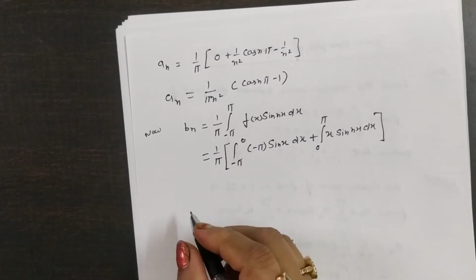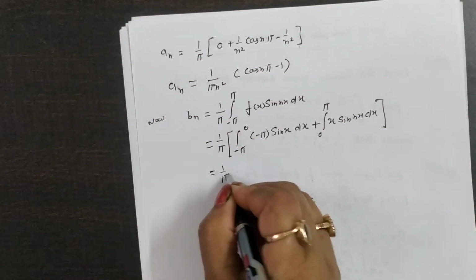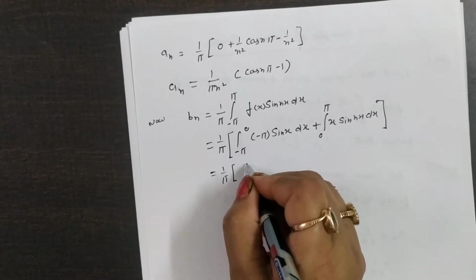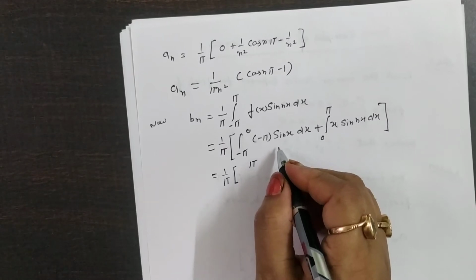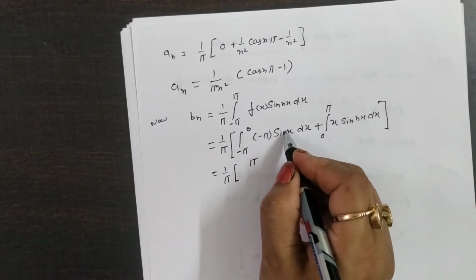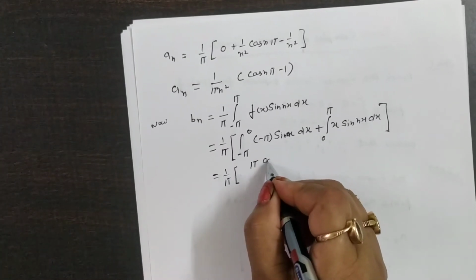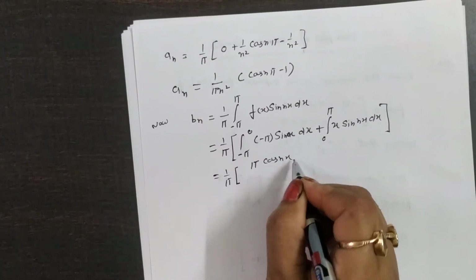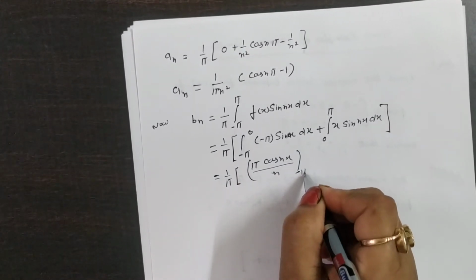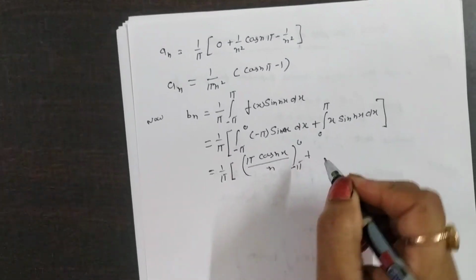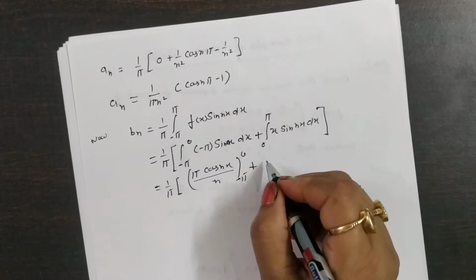Similarly, solving this you get 1 by pi, and here is again pi, and you know that negative sign, and n is also here. So pi cos nx divided by n, with the limit from minus pi to 0, plus, similarly to the earlier one, you can solve this one.